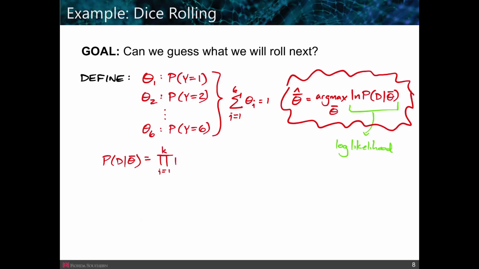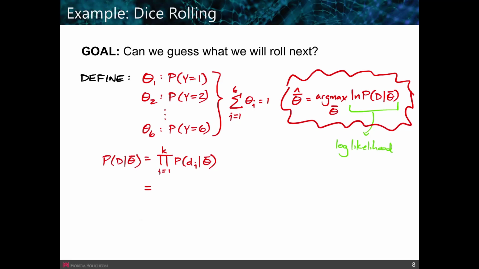So here k is referring to the number of data samples we have, and lowercase d sub i is one of those samples, so one of the dice rolls. Now, we've already defined each of the theta parameters, theta 1 through theta 6, so the probability of seeing a roll of 2, given a certain probability of rolls of 1, 2, 3, 4, 5, 6, is simply going to be equal to theta 2.